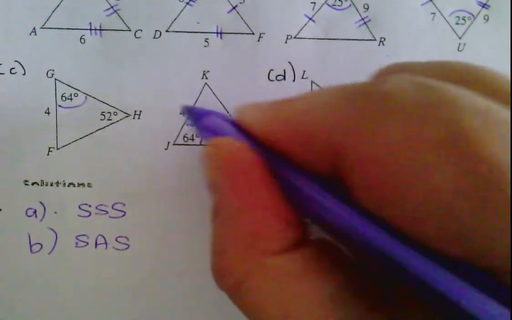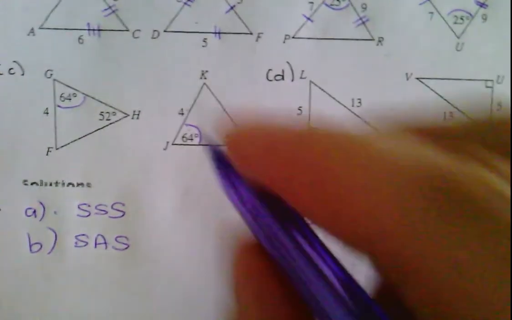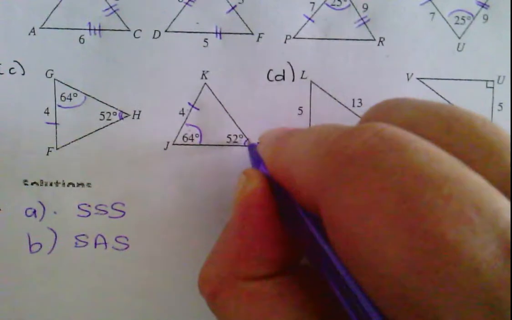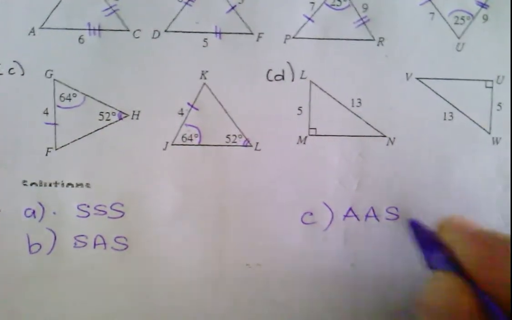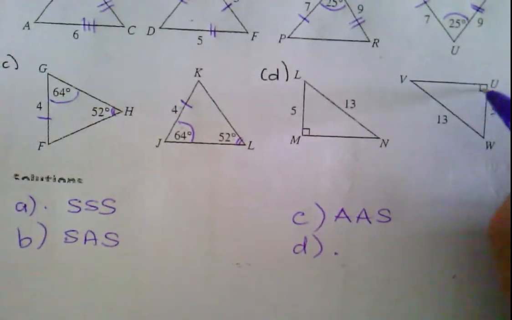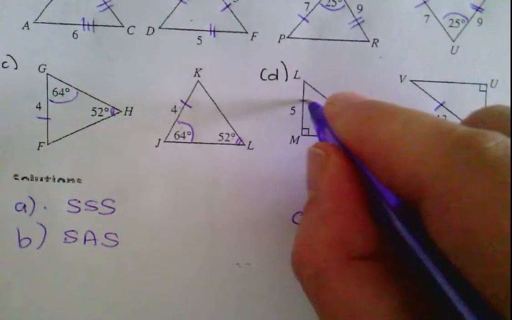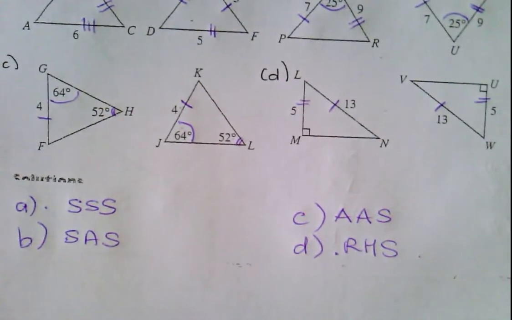Is 4 opposite the 52? Yes, they're in the corresponding positions. So I'll put a little mark in there for 52. Which test is this? AAS. And D. What have we got? We've got right angle, hypotenuse, and other side. And the test for D is RHS.